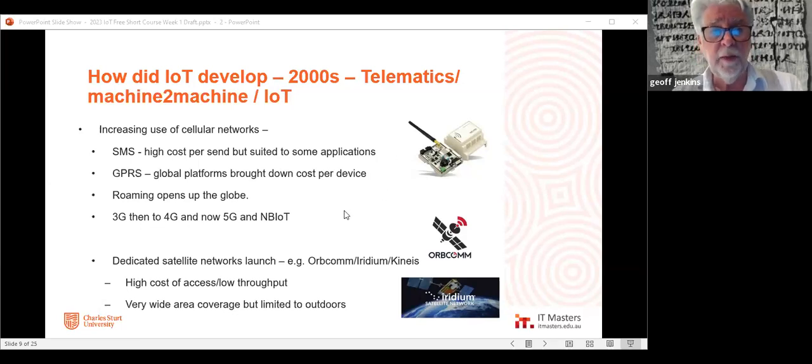But for other reasons too, sometimes including security and separation of channels. So all sorts of complexity is coming in terms of IoT on 4G and on 5G. And NB-IoT is something separate.